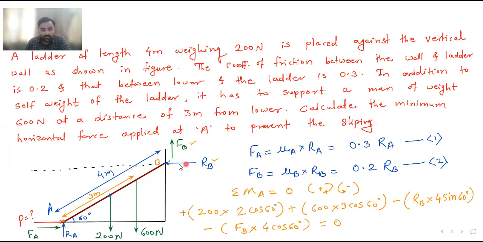See this RB. RB is horizontal and it is moving towards left. So RB will be minus. Then this P, we have assumed this P is moving towards right. So we will take it as a plus. Obviously, if we get the negative answer, then we should change the direction of P. And FA is also in the rightward direction. So FA and P are plus, and this RB will be minus.